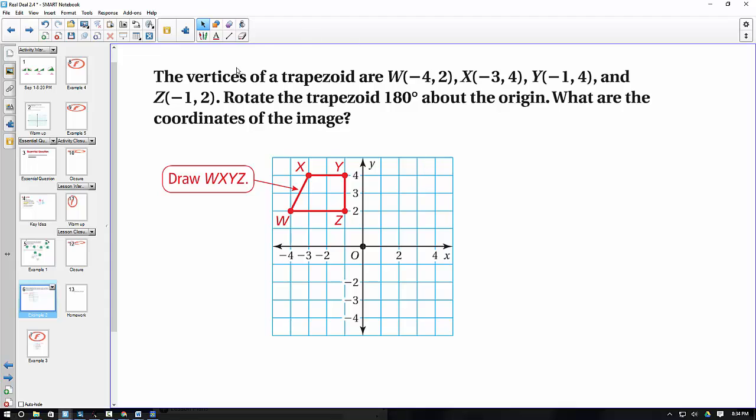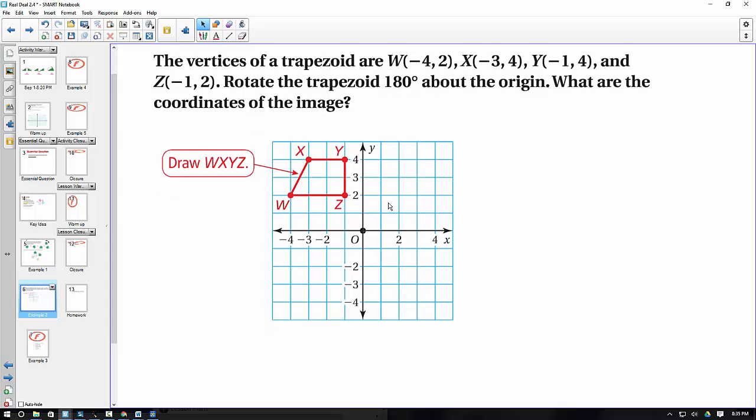For this one, we have this rhombus, or I'm sorry, this trapezoid. What we're going to do is plot it out and rotate it about the origin 180 degrees. The first thing I want to do is quickly go to the origin. That origin, of course, is right here. I'm going to look at the difference here and first plot my line.